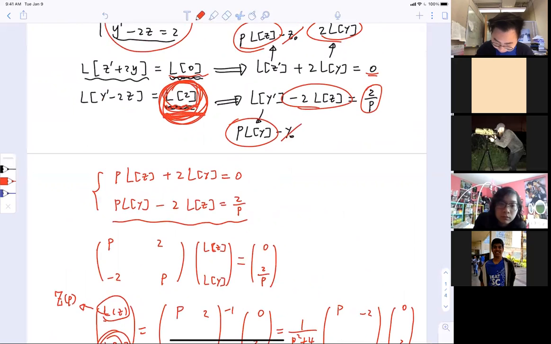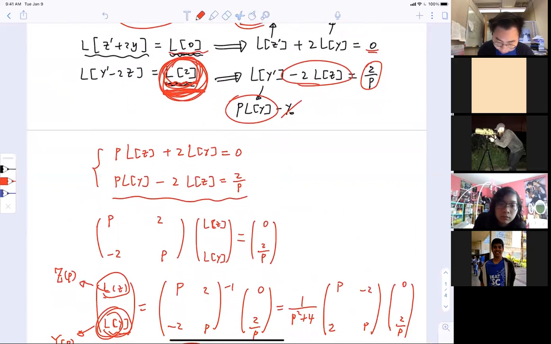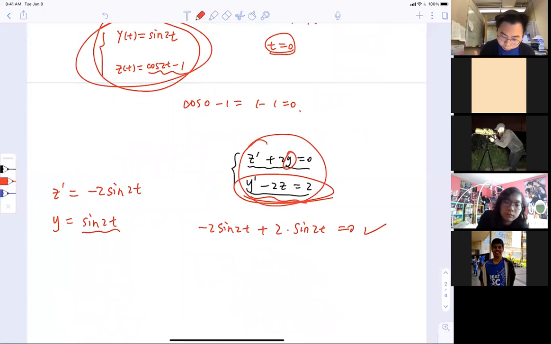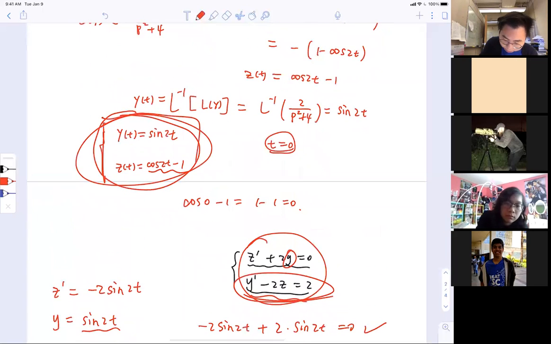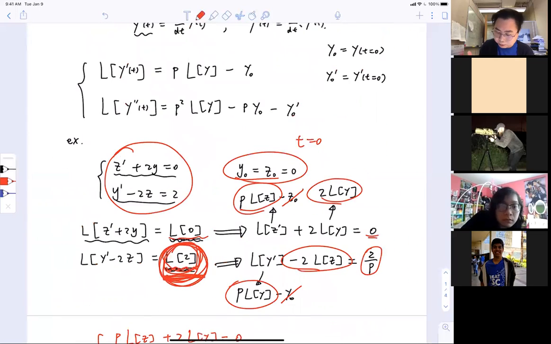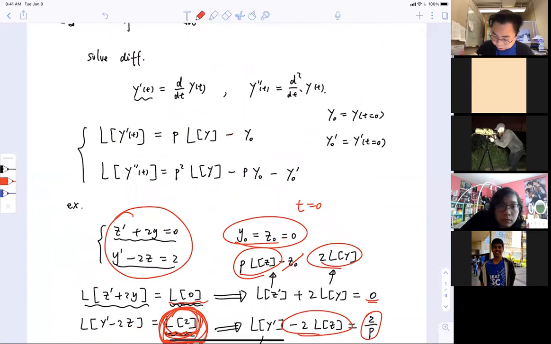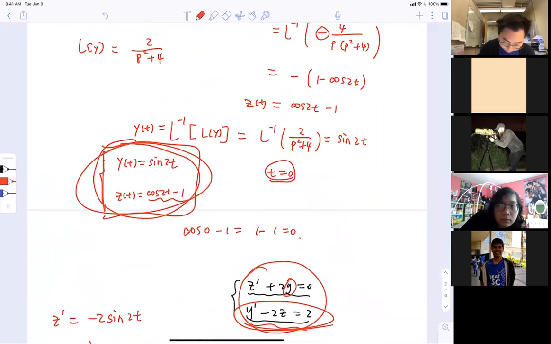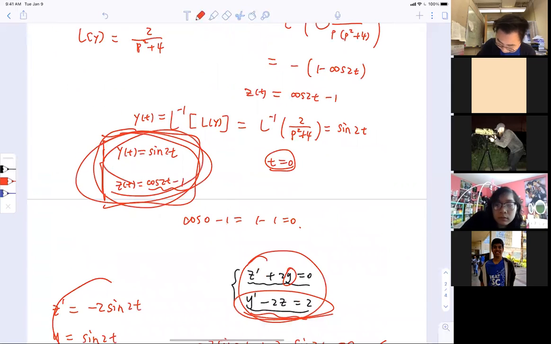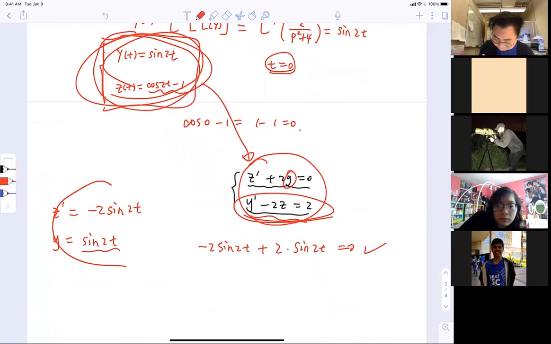Just be careful. Another thing is whenever you get a result, you can check it, for example, by plugging in the initial condition and seeing whether it matches the initial condition given in the problem. If your solution is quite simple, like what we have here, you can even plug it into your differential equation to see whether it is true.